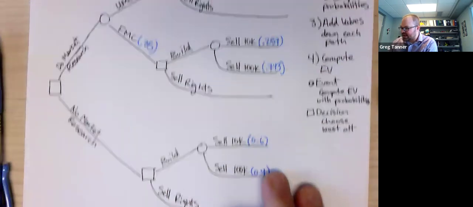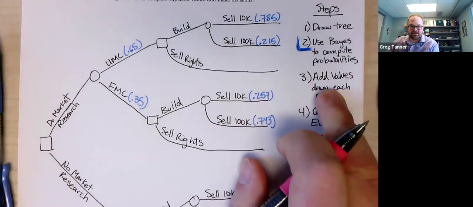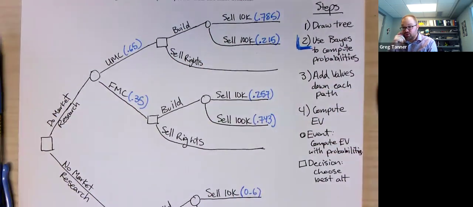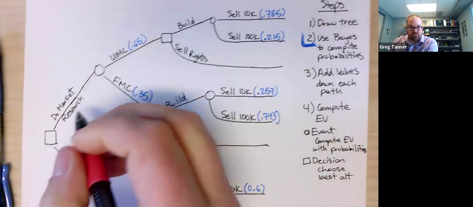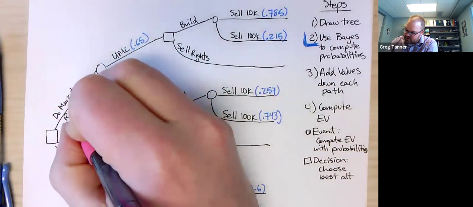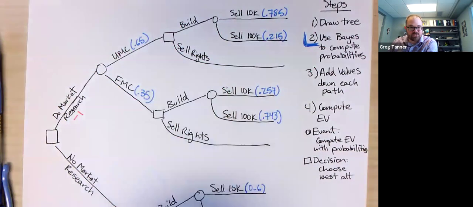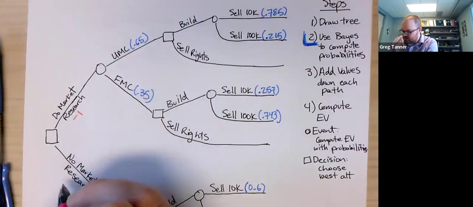Step 3 is add values down each path. So essentially, anytime a decision or an outcome produces a value or a cost, we're going to write that down on here. If we do market research, that's going to cost us minus 1 million. If we do no market research, that's going to cost us 0.